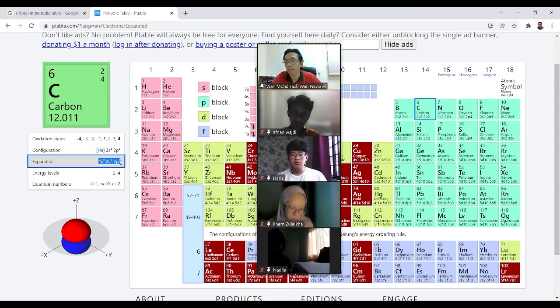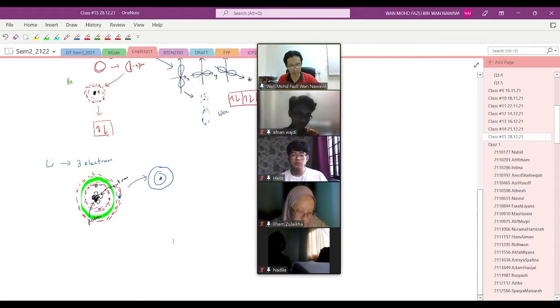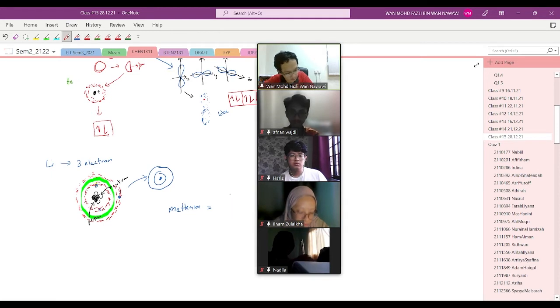This orbital thing is very important in terms of chemistry. For example, if you look at methane, when you draw it in 2D, you draw C in the middle, and most of you will draw H around it like this.